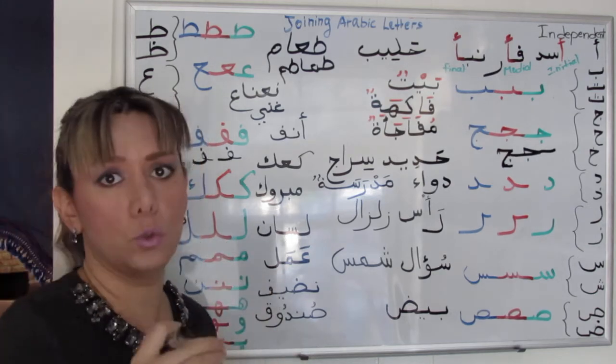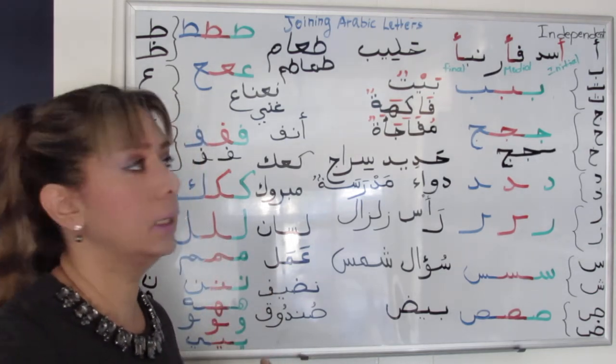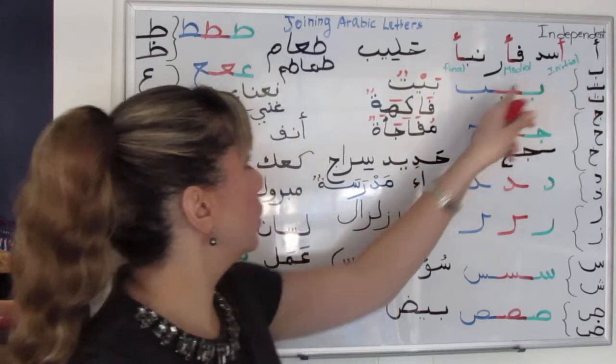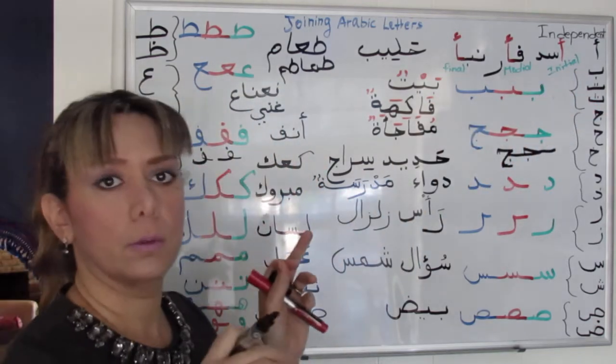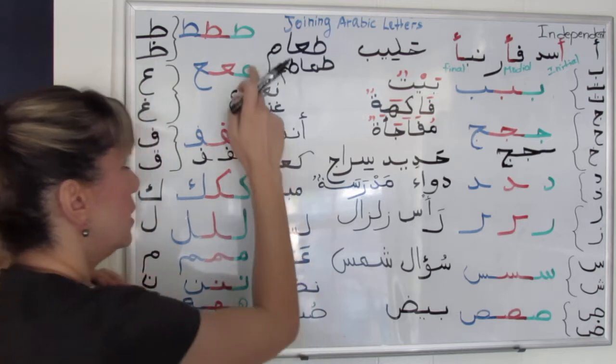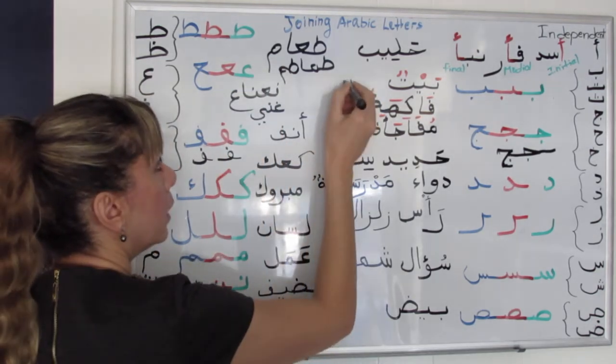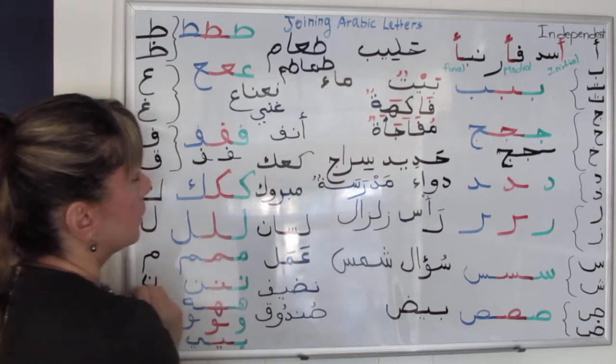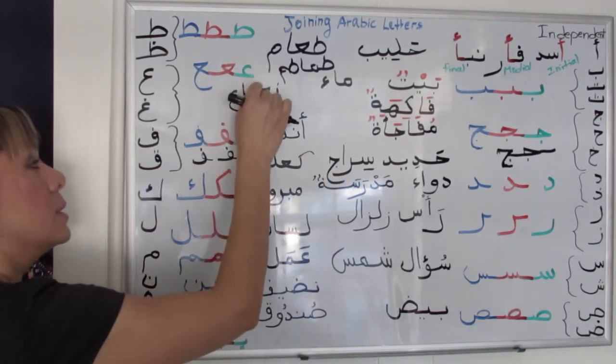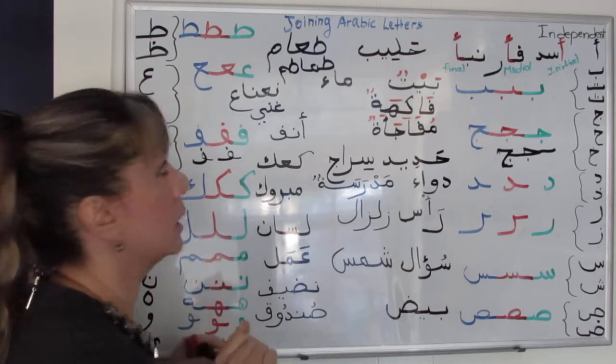It needs always a support. If it's in the beginning like this, it would be by itself and looks like this part if it was in the end, like ma, water, like this.